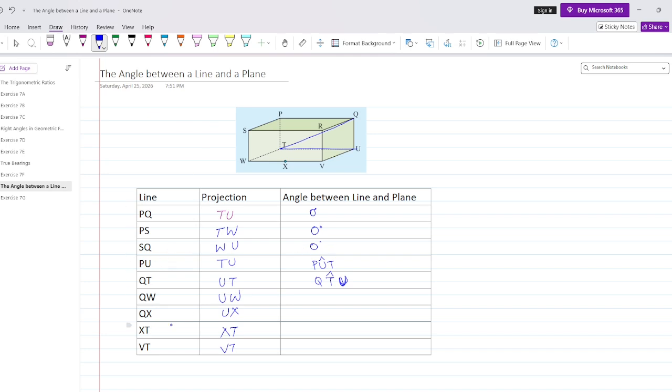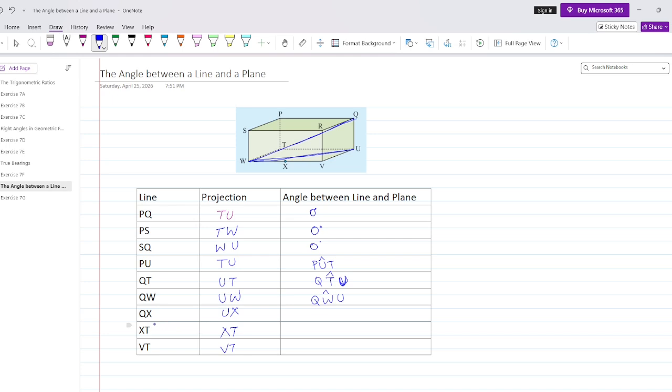The angle between the line QW and a plane: first we know QW is this line and its projection is this line. So the angle is going to be QWU.